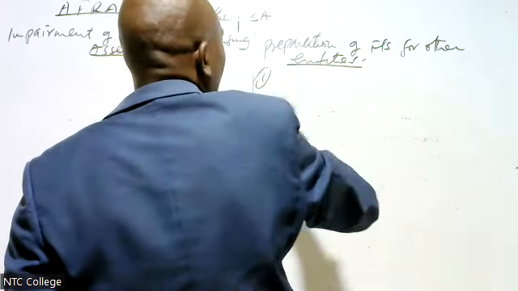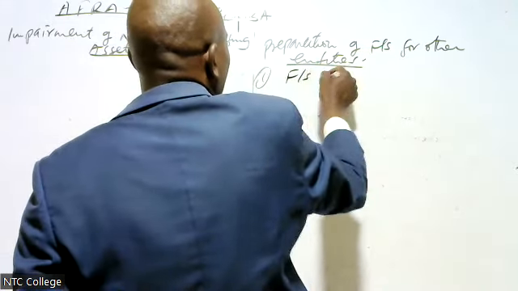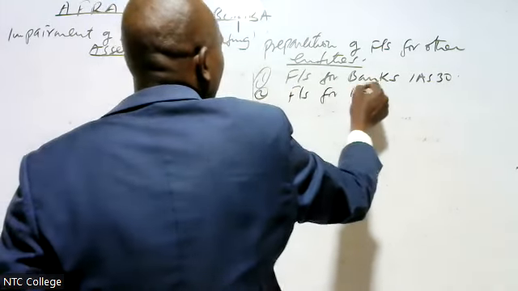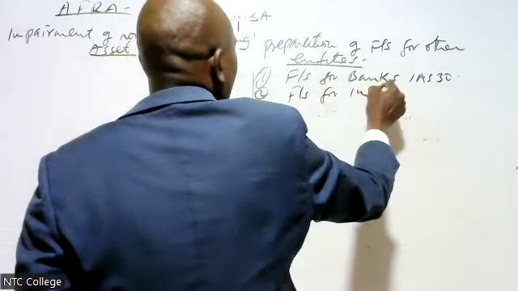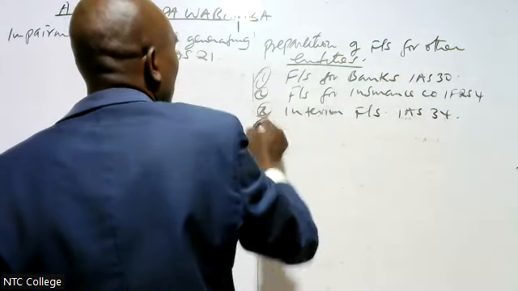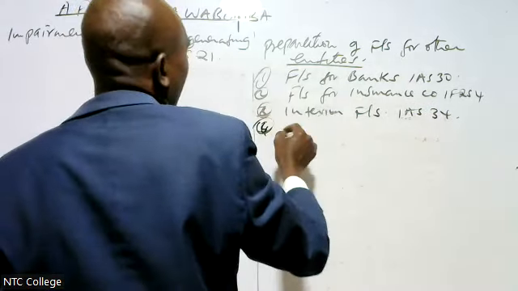Number 1, we have financial statements for banks, IAS 30. Number 2, financial statements for insurance companies, IFRS 4. Then number 3, we have interim financial statements, IAS 34.